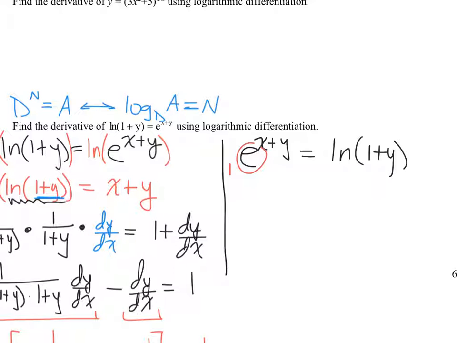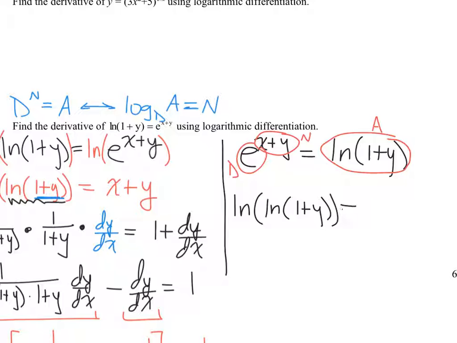So I have my d, I have my n, and I have an a. So log base d, so that's ln, of the a, so ln of ln of 1 plus y, equals x plus y.